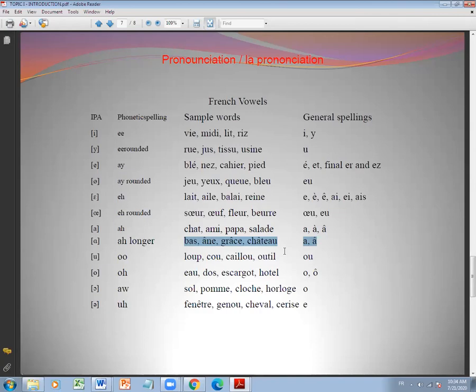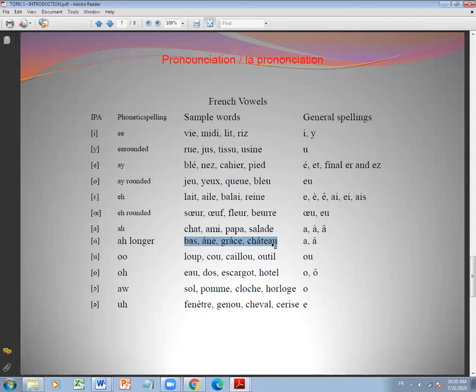The next one. So we say sha, ami. So sorry, remember the first one is not a longer. Here is, so we say sha, ami, papa, salad. But now here is where you prolong the a. So I can say ba. Yeah, ba. An. Grass, good. Grass, that is the grace.